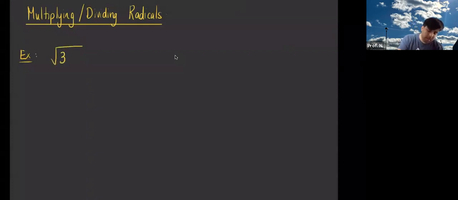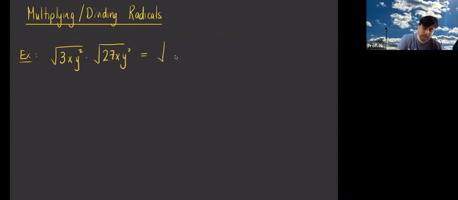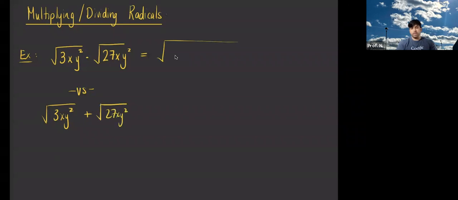As long as the kind of radical is the same, you can multiply everything within the radicals. So you can't do this. I just want to make sure you understand the difference versus rad 3xy squared plus rad 27xy squared. These are two different things, okay?